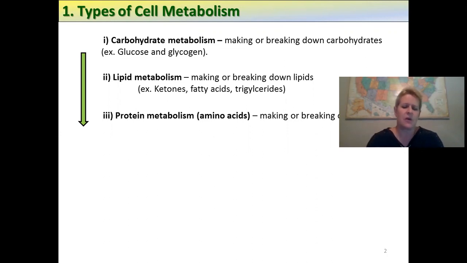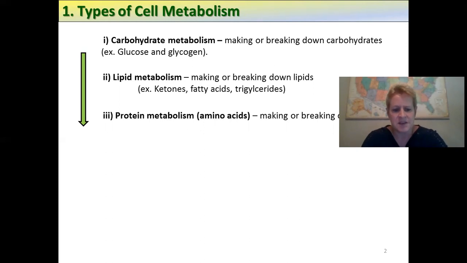And if we ran out of all of our fat stores, let's say we were in a starvation situation, next our body would turn towards our muscle and break down that muscle for energy. People who are anorexic or who are so sick that they're not eating or they're in starvation mode, you'll start to see muscle wasting. Their muscles will shrink down because their bodies are using that for energy.